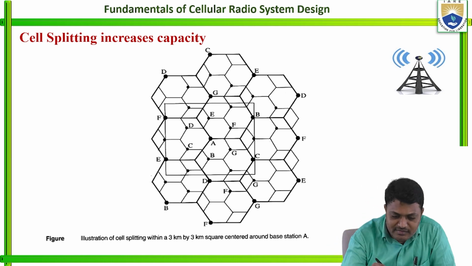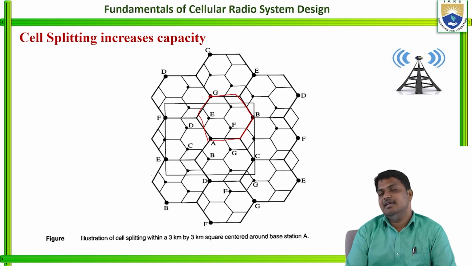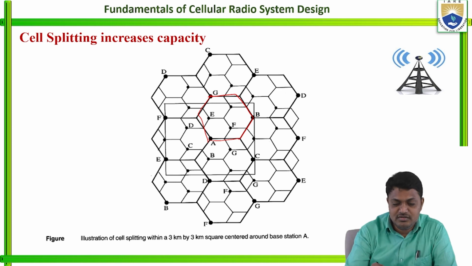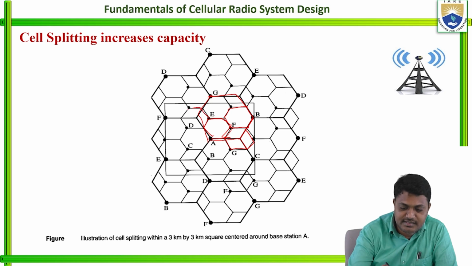I will give an example. This is the large cell here, right? This large cell is split into, see here, this is one cell. Here we take an adjacent cell, and here another cell is there, and here another cell, and this one is another cell.